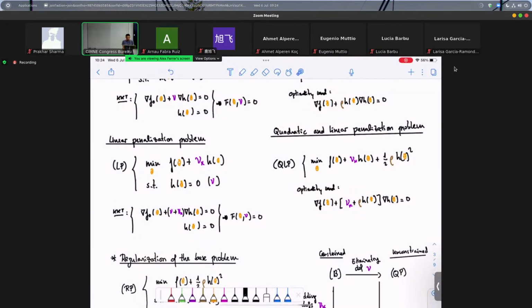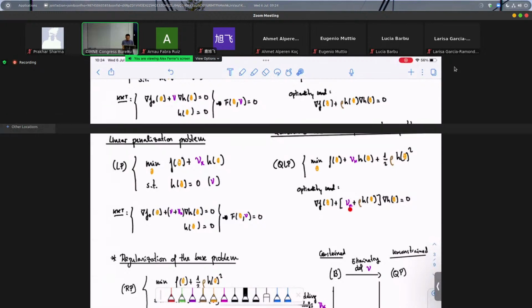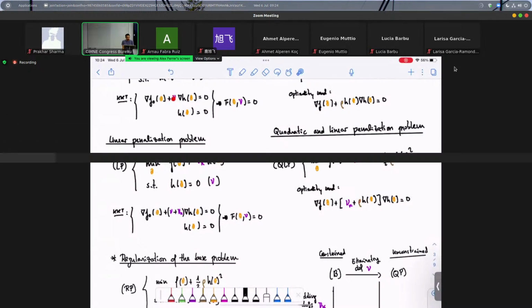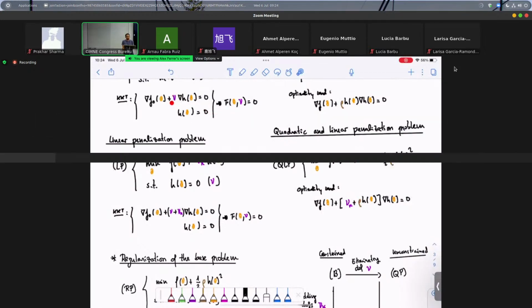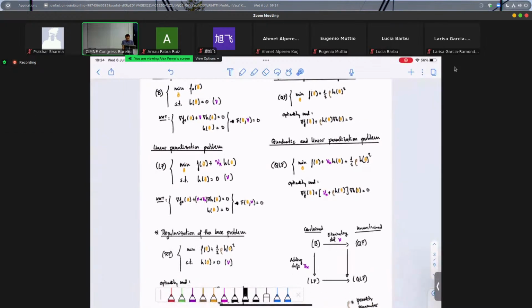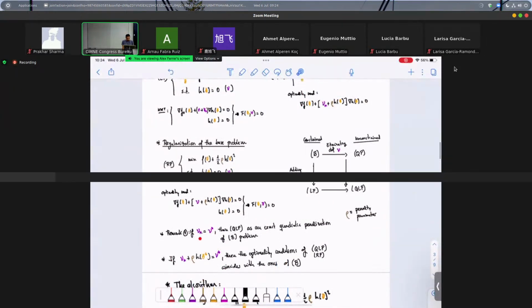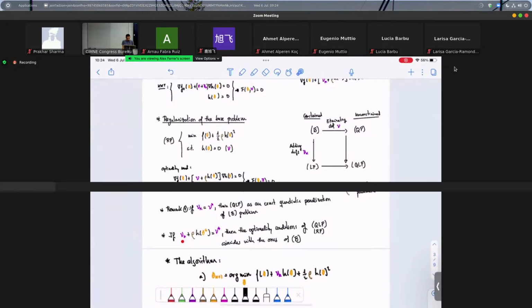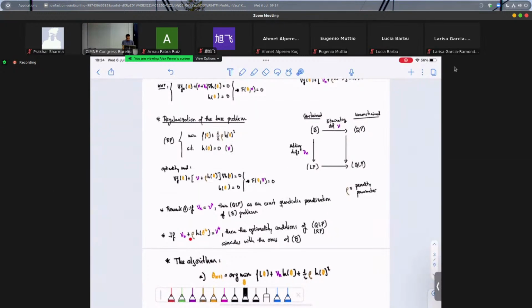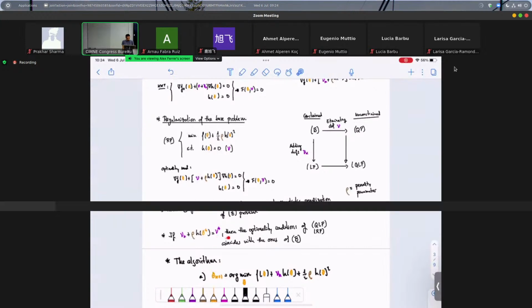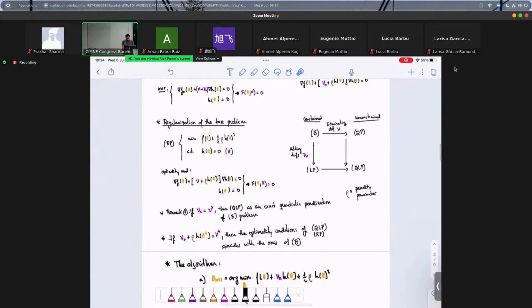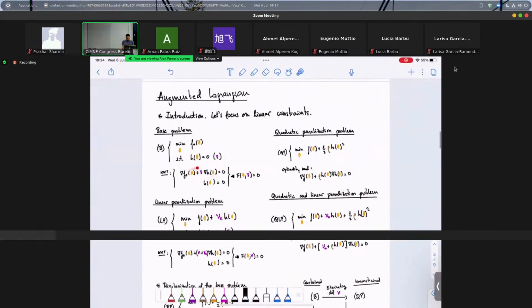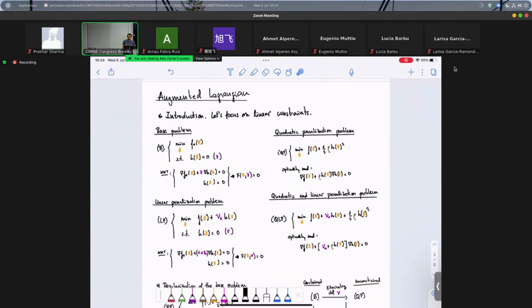The new nu will be nu k plus rho h theta, because you want to have exactly the original problem. So this is how you will change your Lagrange multiplier. So remark, if at the next iteration you have nu k plus rho h theta equal to nu star, then the optimality conditions of this problem coincide with the ones of the original problem.